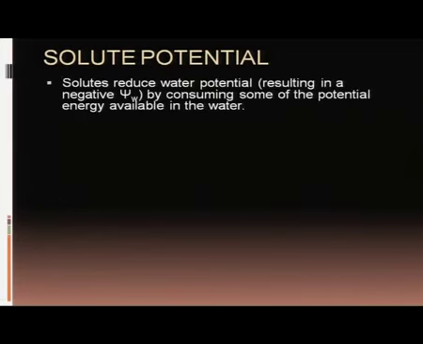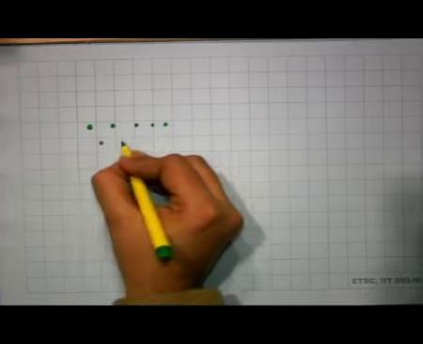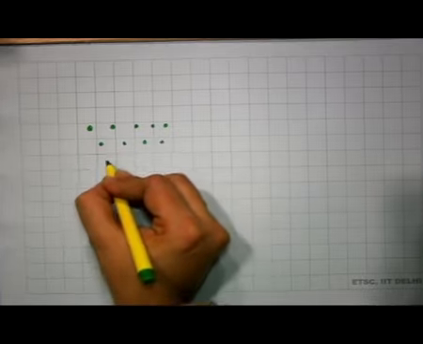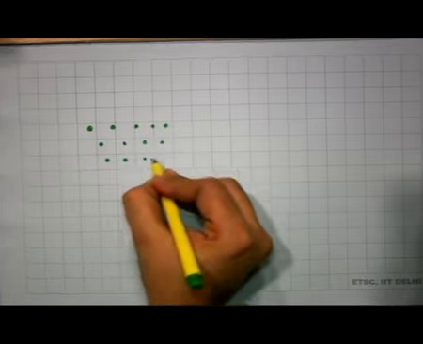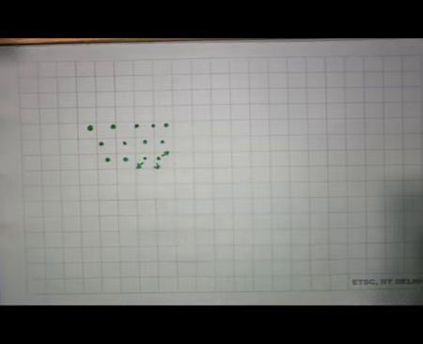Solute potential, as we had just talked about, what happens? Suppose there are water molecules in a system. In this system, these water molecules are free to move around. So, they have a certain amount of energy.